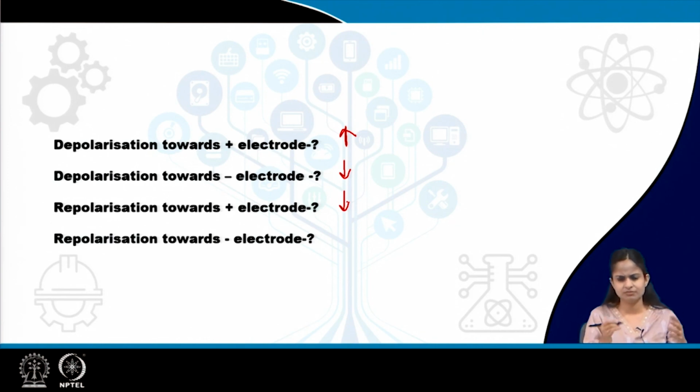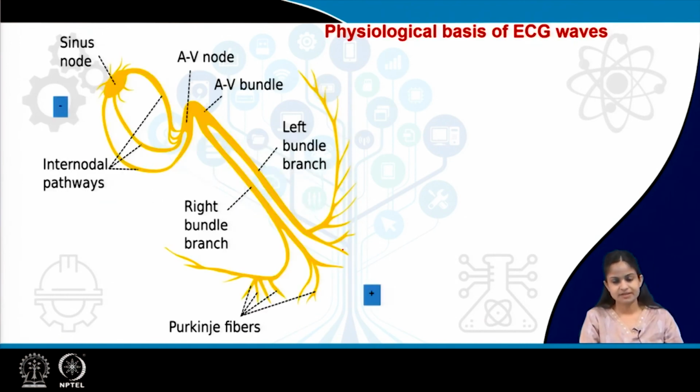Opposite charges moving towards the opposite electrode. The repolarization towards the negative electrode, that means the negative charge is moving towards the negative electrode, again there will be a positive deflection. This is the basics we have to remember, and this I had already explained, keeping in mind the terminal of the ECG and the direction of the impulse conduction.